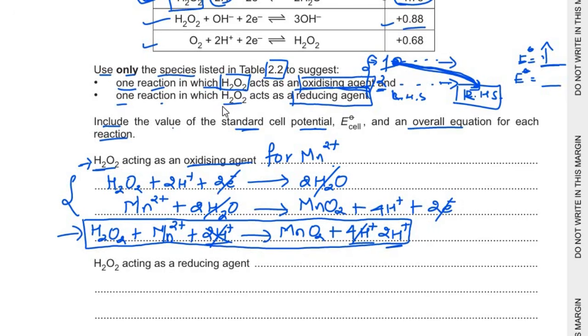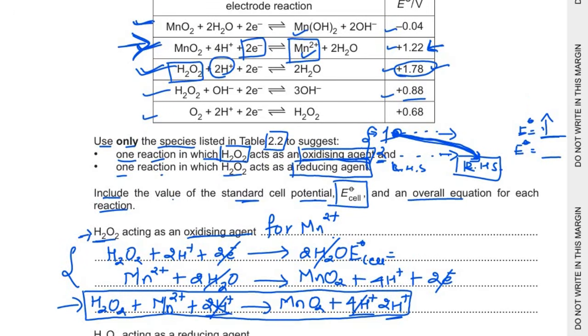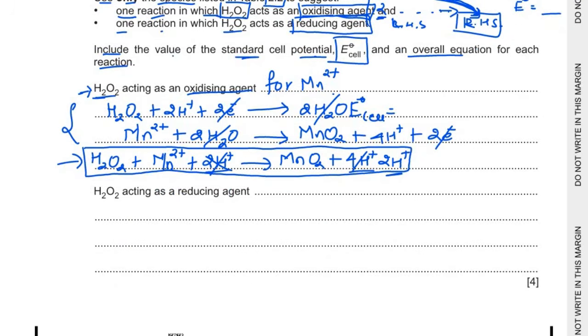Now we also have to calculate the E cell value of this. The simple E cell value I'll calculate here: we just have to subtract two values, and the two values here are 1.78 and 1.22.